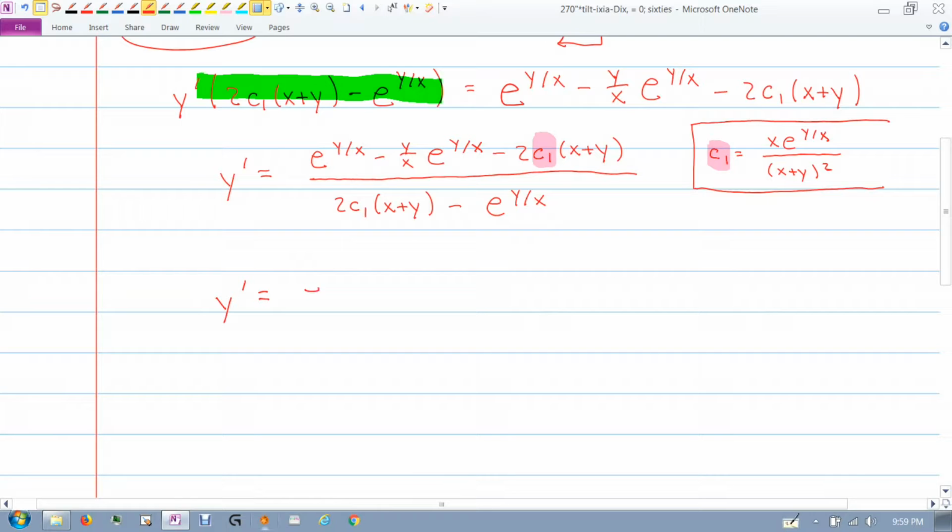So I've got e to the y over x minus y over x e to the y over x minus 2, now here it comes, x e to the y over x over x plus y, that quantity squared. So that's me plugging in the C1. Then I still had x plus y there.